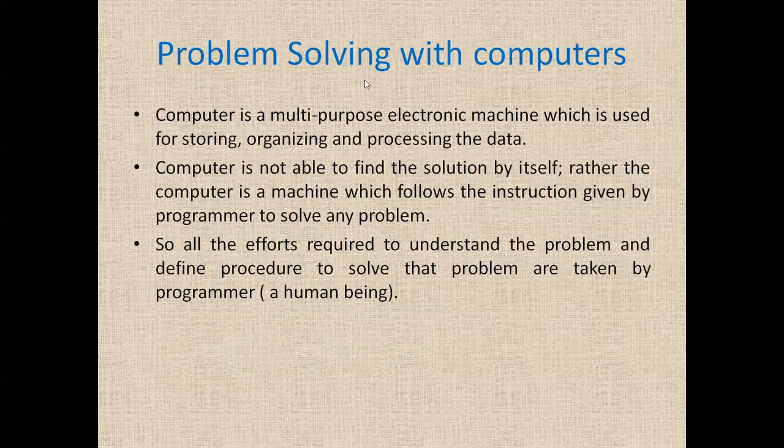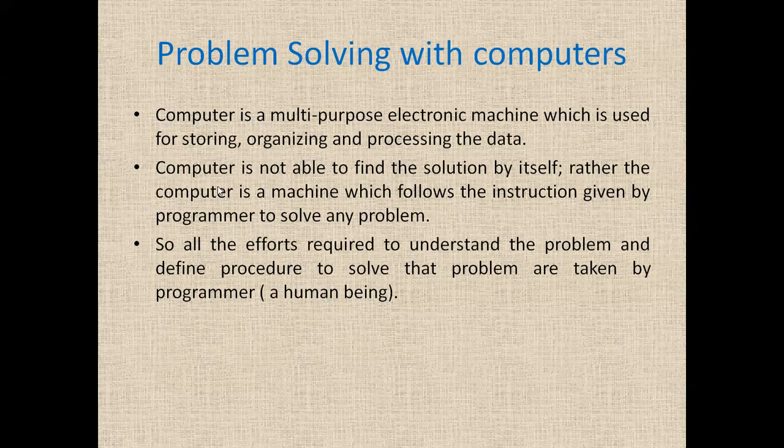Next one is problem solving with the computer. Here computer is nothing but an electronic machine which is mainly used to perform some operations. Computer is a multi-purpose electronic machine which is mainly used for storing, organizing and processing the data. Computer is not able to find the solution by itself.